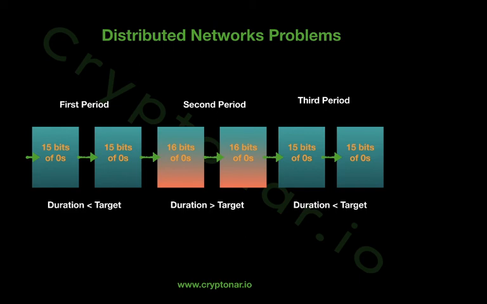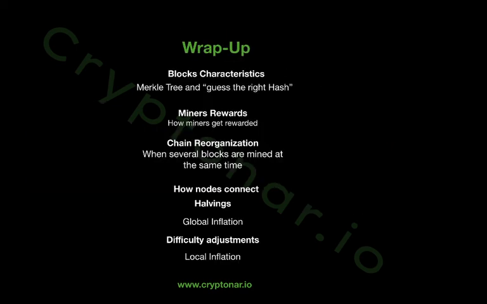And this is exactly how difficulty works in Bitcoin, and it's kind of cool because it takes a lot of things in consideration. So what we saw: we started with the characteristics of the Bitcoin block. We saw how the Merkle tree and guessing the right hash mix together to give exactly the block that is valid for us to put.